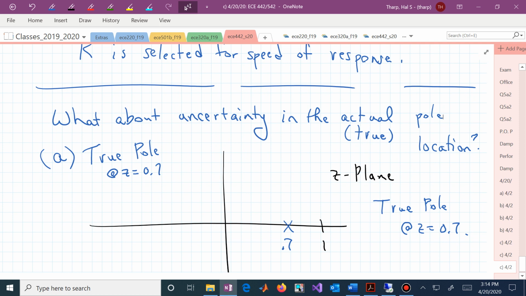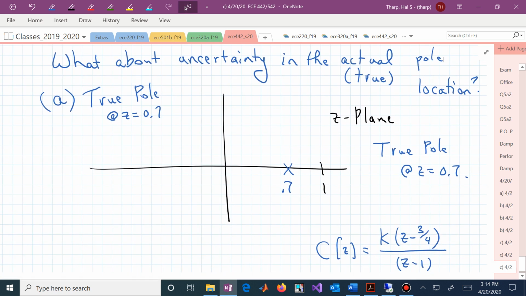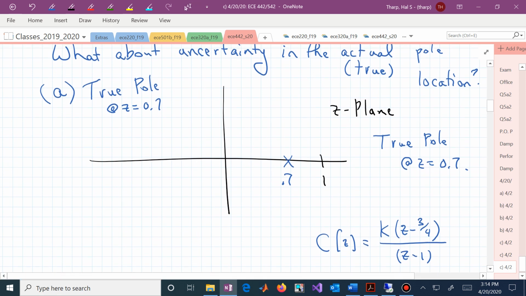Suppose the true pole of our plant was at 0.7, and we've designed our controller to have a 0 to cancel what we thought was the pole at 0.75. Well, now let's see what happens to the root locus based on this true plant that has a pole at 0.7 and this controller design that we just produced.